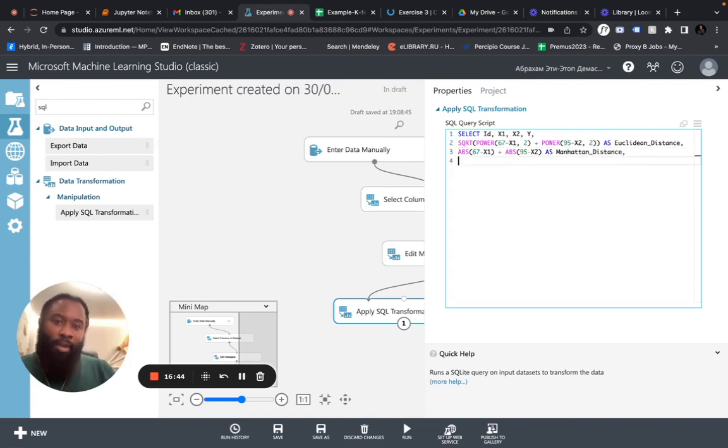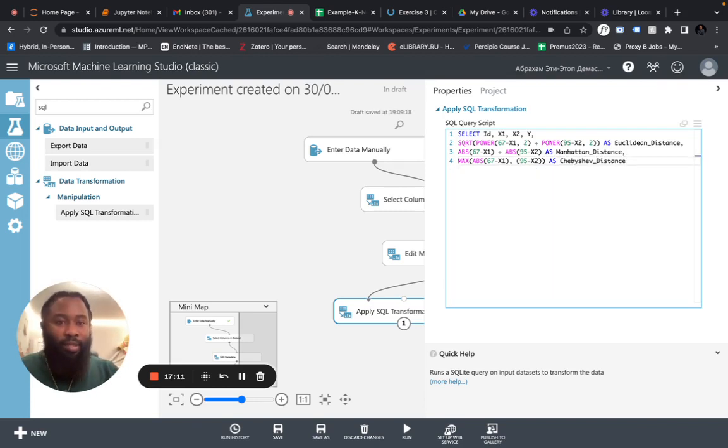Do we have time for the third one? Let's also do the Chebyshev, which is the maximum of the difference of the absolute values between the points 67 and x1 and 95. I hope I'm not making any mistakes here. And x2 as Chebyshev.